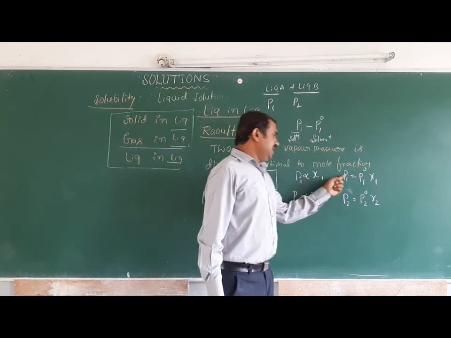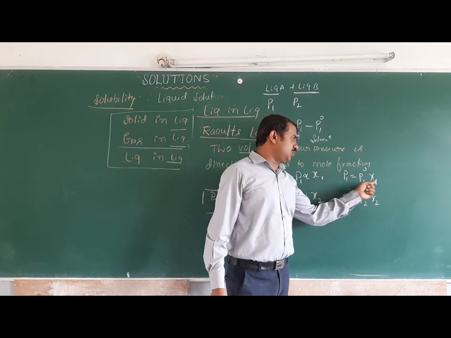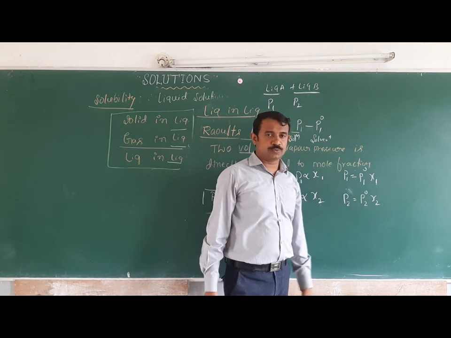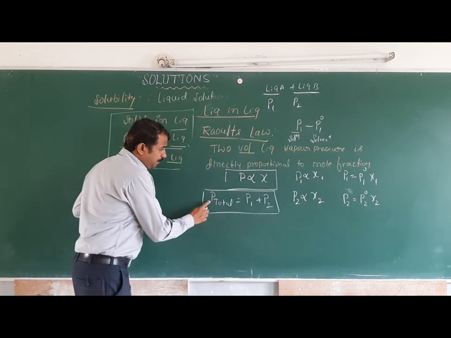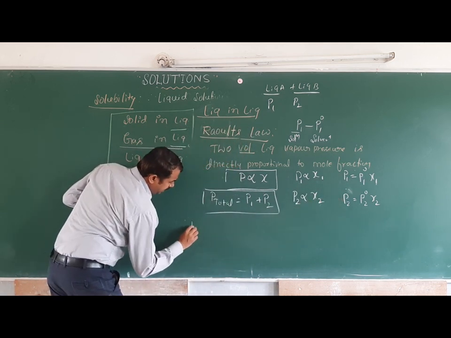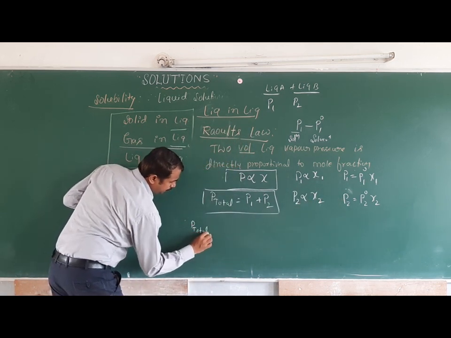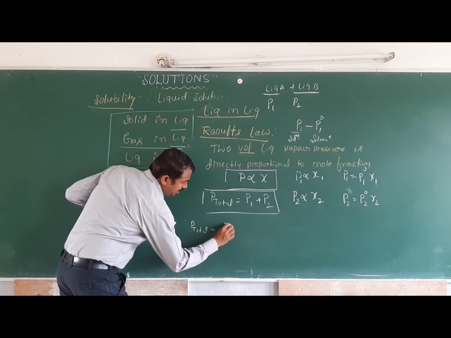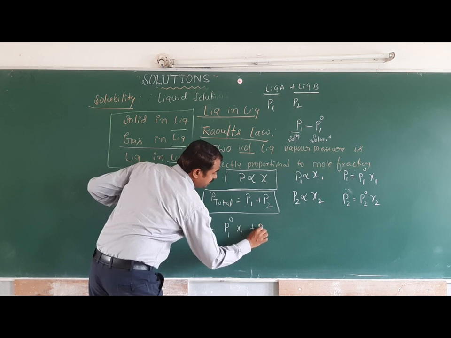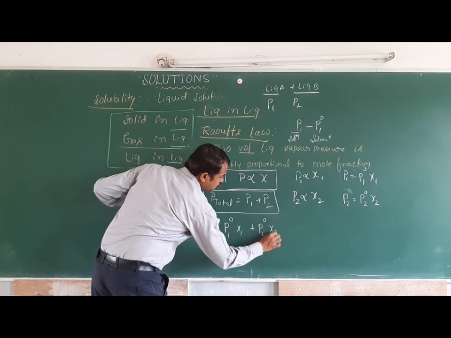P1 equals P01 into X1, P2 equals P02 into X2. Here P total equals P1 plus P2, which is P01 X1 plus P02 X2.